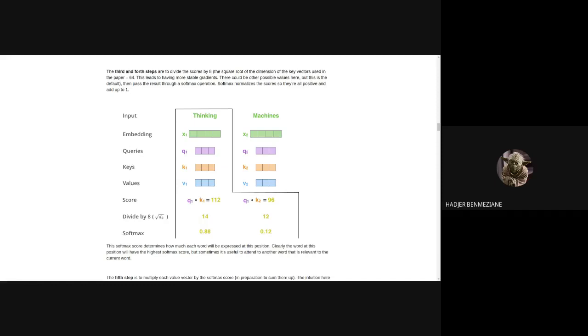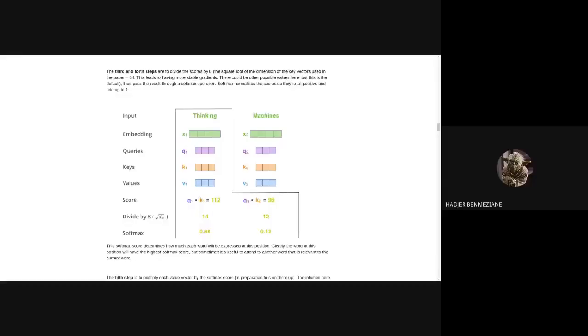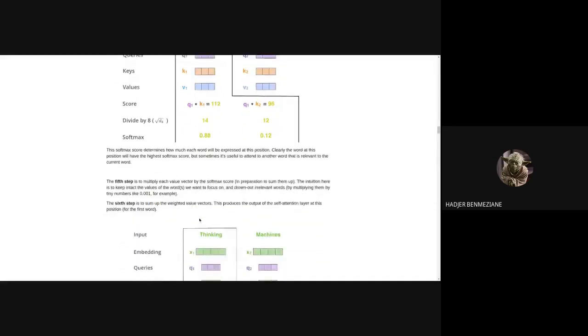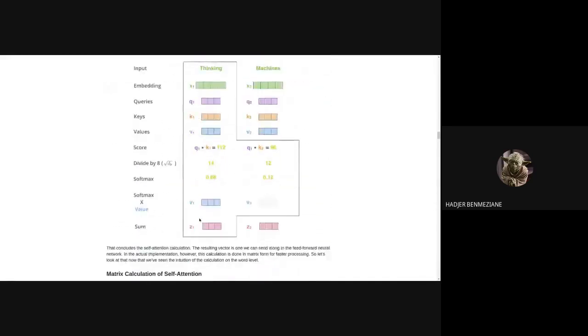So in translating it, the first word is more important. This is obvious. Okay, and then we get Z1 and Z2 by multiplying these importances by the value vector.